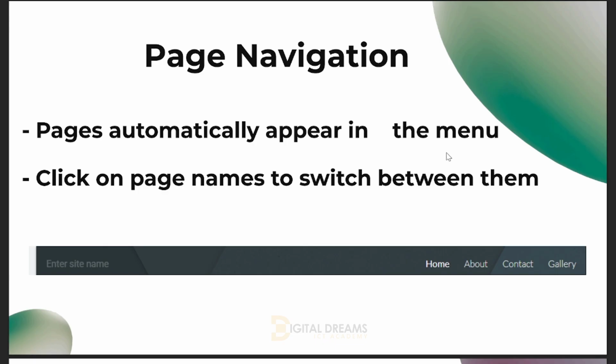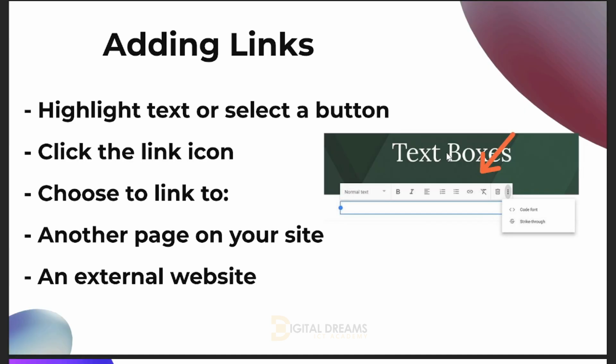This is page navigation, and I've already taught you that. Now the next point is adding links. Just like this image here, once you highlight a text and it pops up the text formatting bar, it has an icon here.